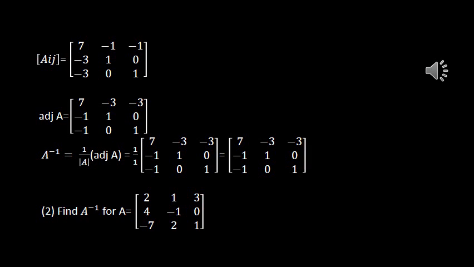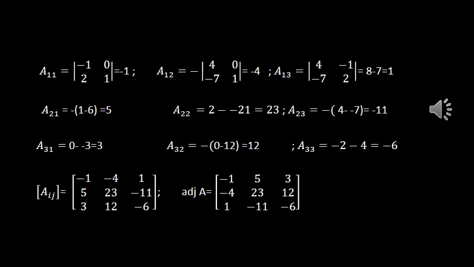Find A inverse for A equal to the matrix [2 1 3; 4 negative 1 0; negative 7 2 1]. The concept of inverse is very important. We will see why in the next session. This also is done for you.